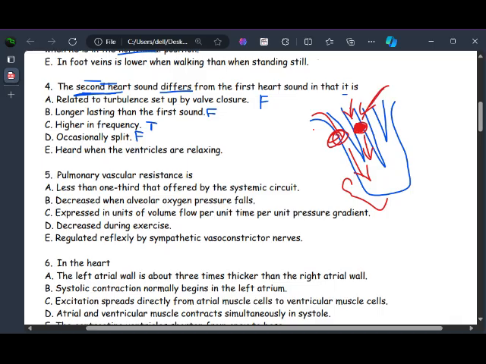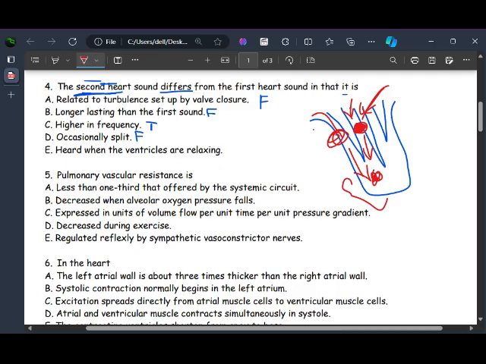So if this valve is closing, then obviously you have the ventricles relaxing, because the reason you're closing this is to prevent the blood flowing back into this ventricle. That means the ventricle is relaxed. If blood can flow into the ventricle, then the ventricle is definitely relaxed.